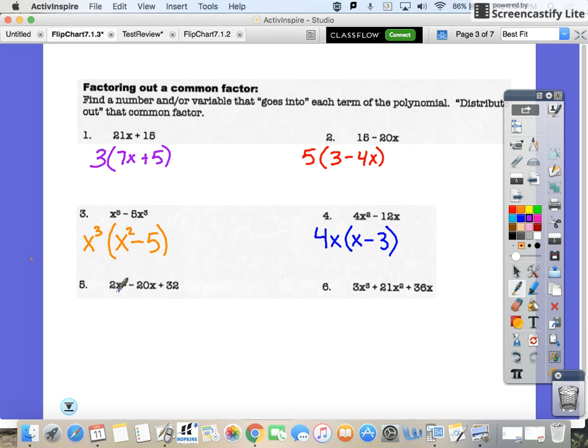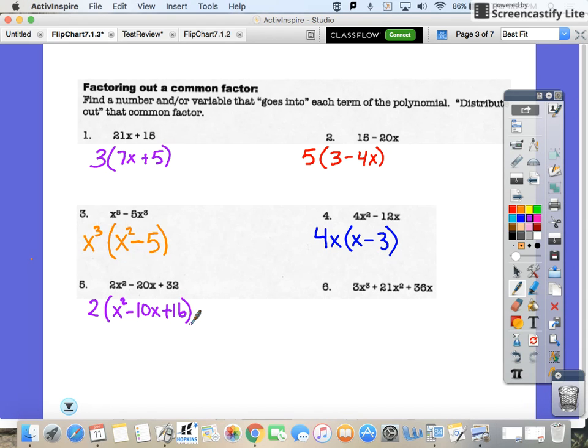For number 5, we have 3 terms in this one, and all 3 of them are even, so for sure we can take out a 2. 2 divided by 2 is 1. 20 divided by 2 is 10, 32 divided by 2 is 16. The problem is we can't take any x's out because this term has no x's. So we'd end up with x squared minus 10x plus 16.